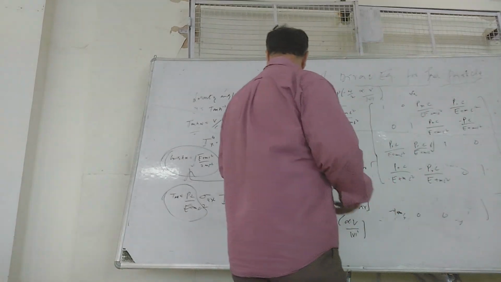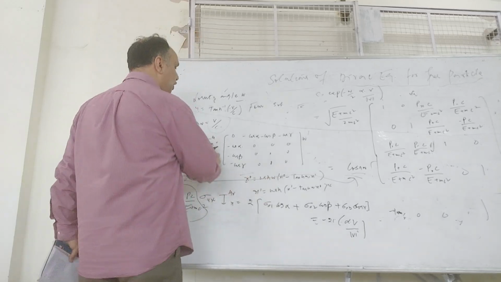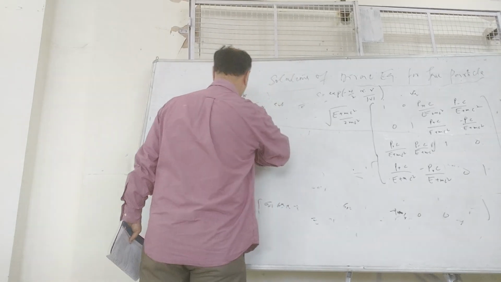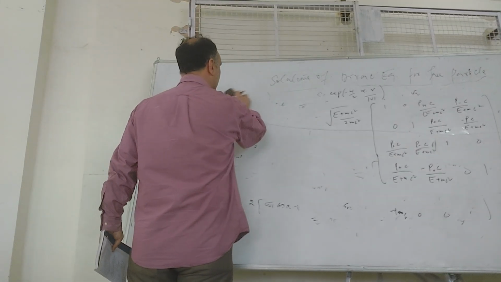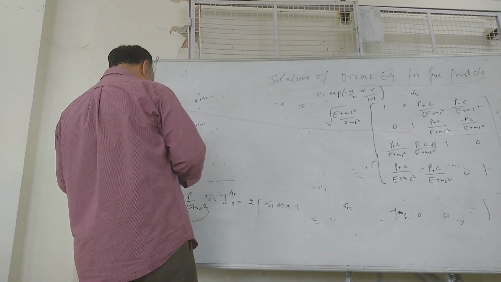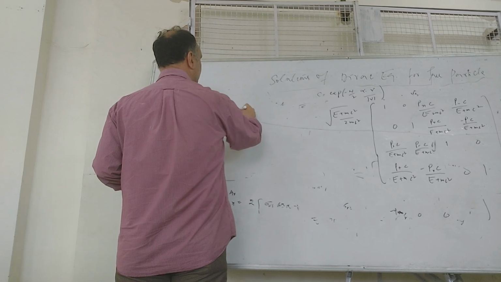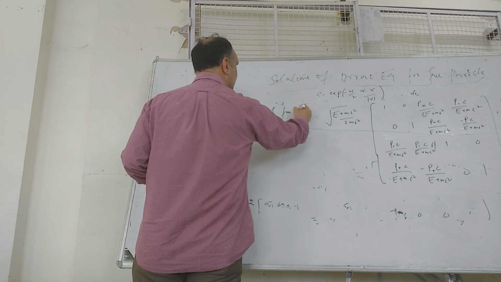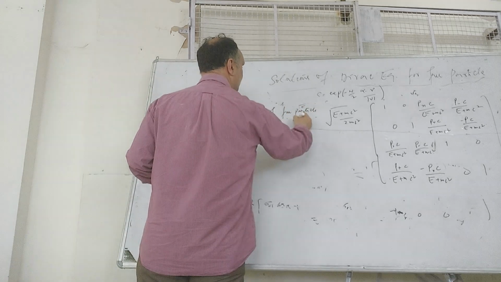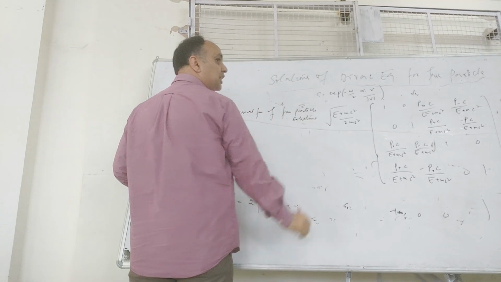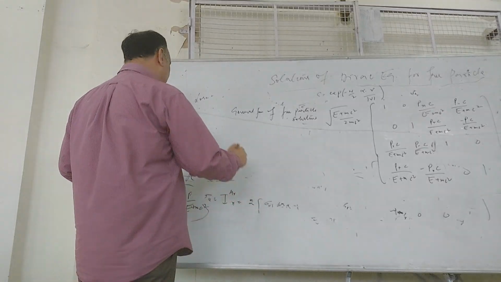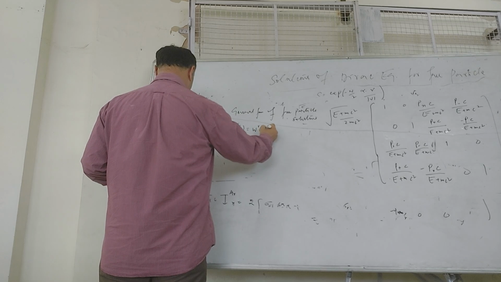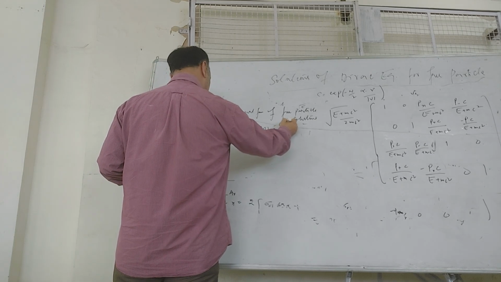So the general form, if you want to say the general form of the free particle solution, which includes both positive as well as negative solutions, we can write as epsilon r.